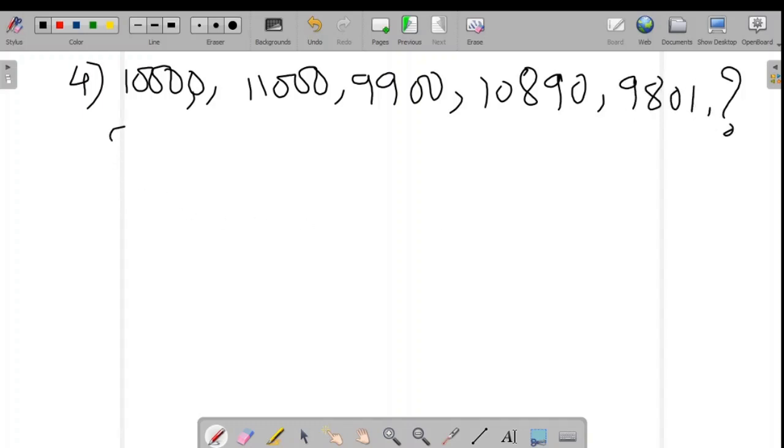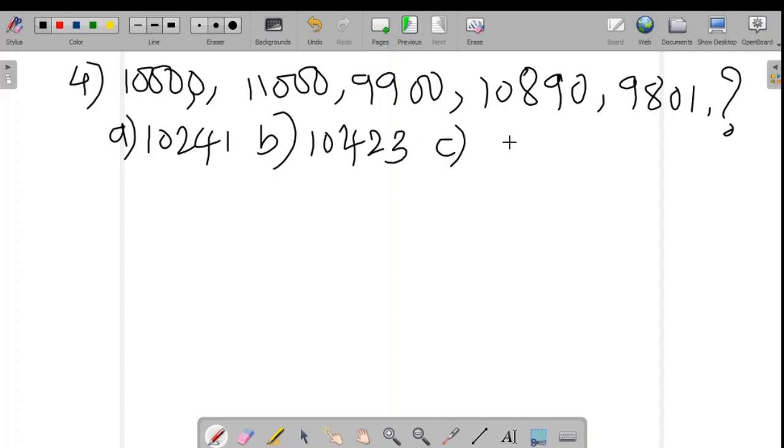Let me write the options here. Option A is 10,041. Option B 10,423. Option C 10,781. Option D 10,929.